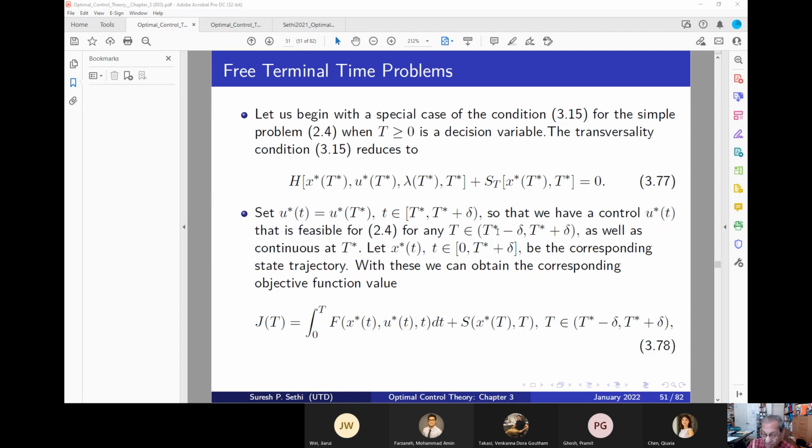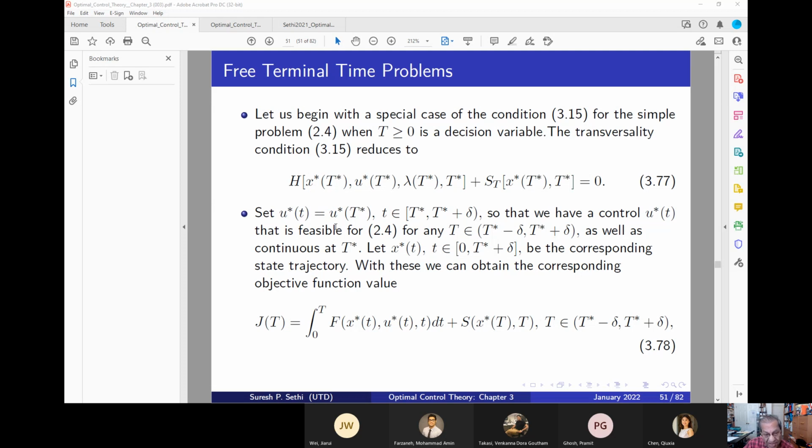It's not optimal. Remember, if I resolve the problem for T star minus delta, I may get a different control. But what I'm trying to do is to use the same control that I found for T star and just chop it off at T star minus delta. So I ignore the portion of the control that is beyond T star minus delta. But for T star plus delta, I need to find some control from T star to T star plus delta.